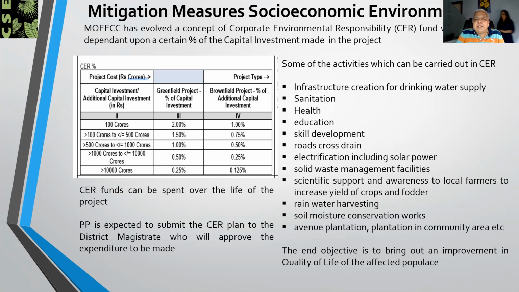And the CER funds are to be spent for various activities like infrastructure creation for drinking water supply, sanitation, health, education, skill development. A very good focus of the CER program was that the funds have to be spent on creating actual infrastructure, not on soft type of activities like health camps and stuff like that.